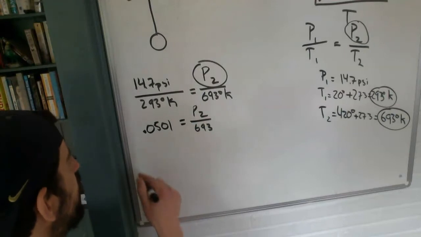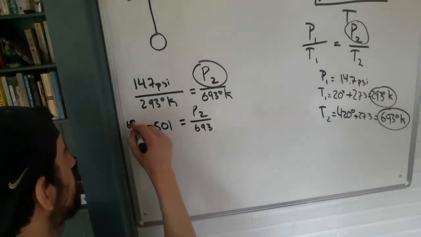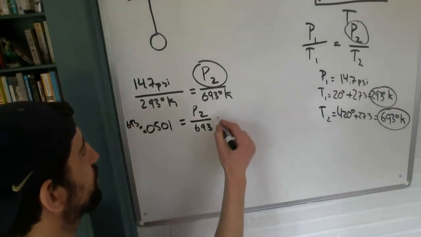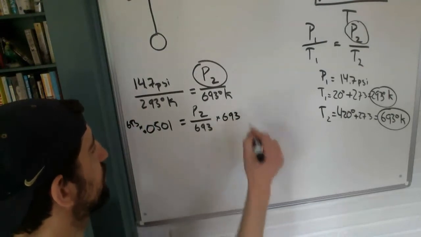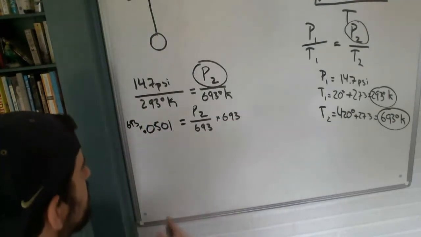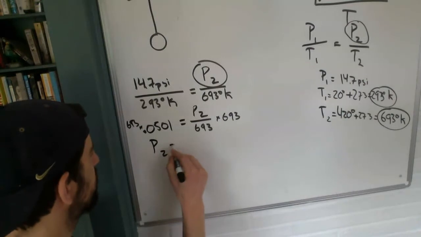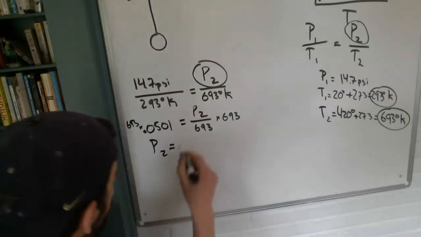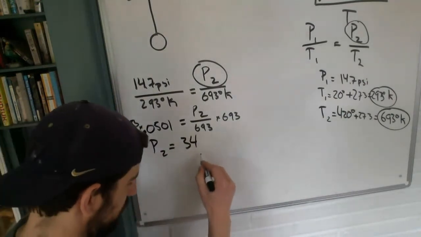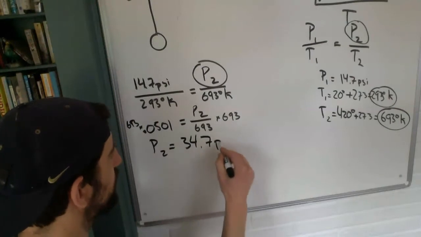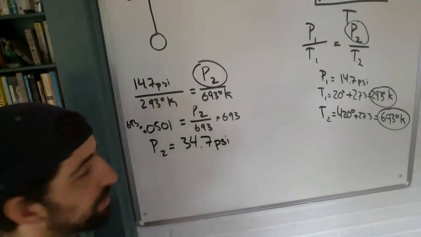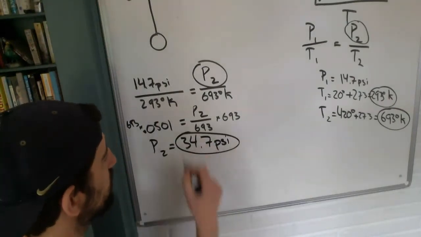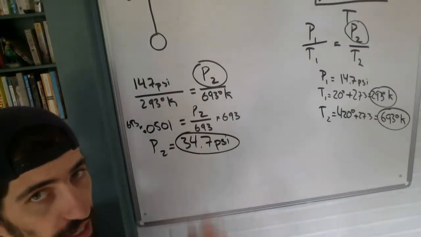So when I do that, 693 times that, what I get is that the final pressure, P2, is equal to 34.7 psi.